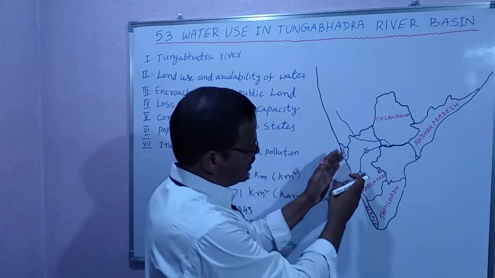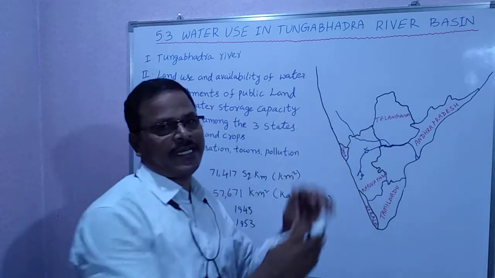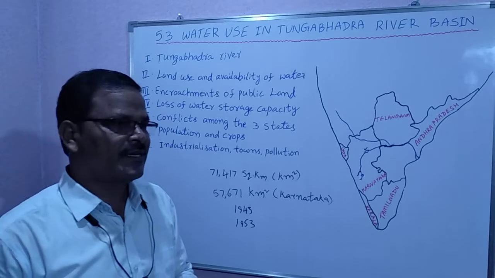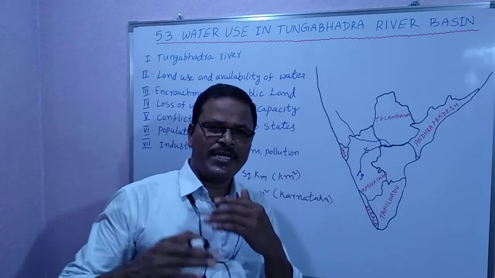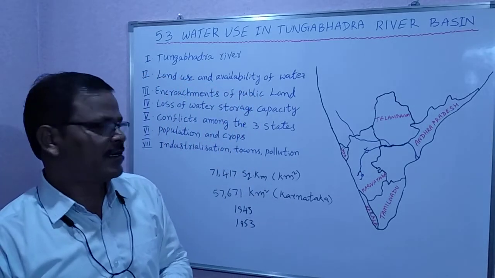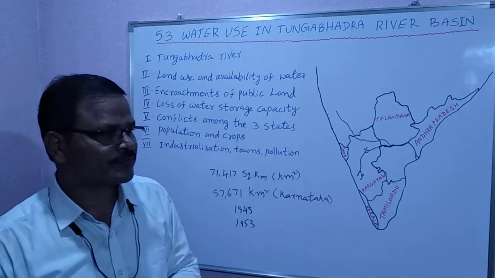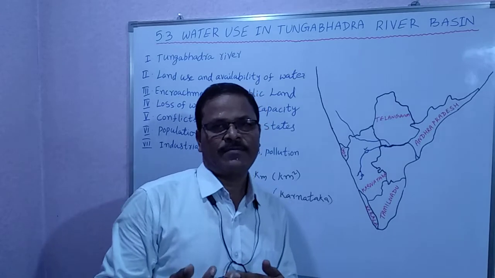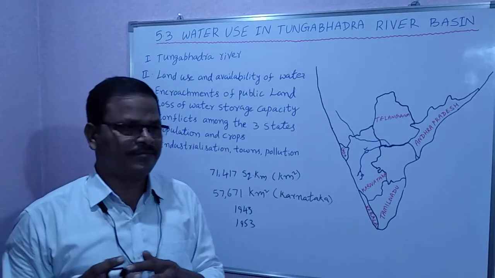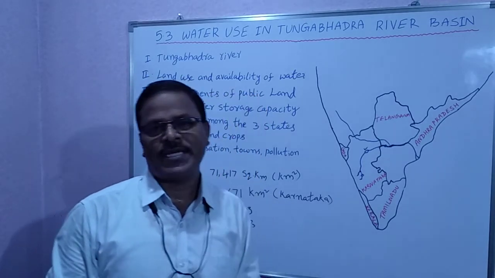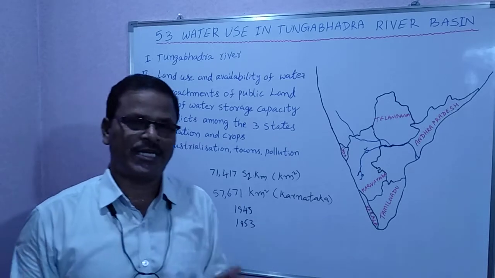Most of the catchment area is agricultural land. In some areas, the catchment area is covered with trees, groves, cultivable waste, forests, and also natural vegetation.